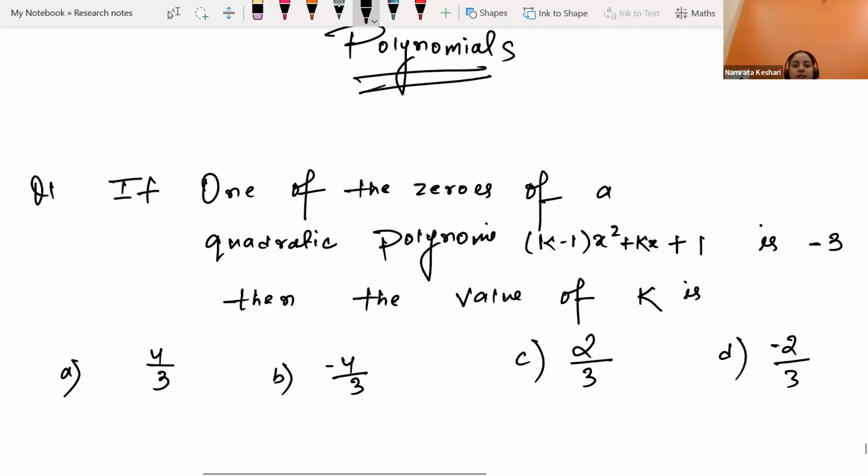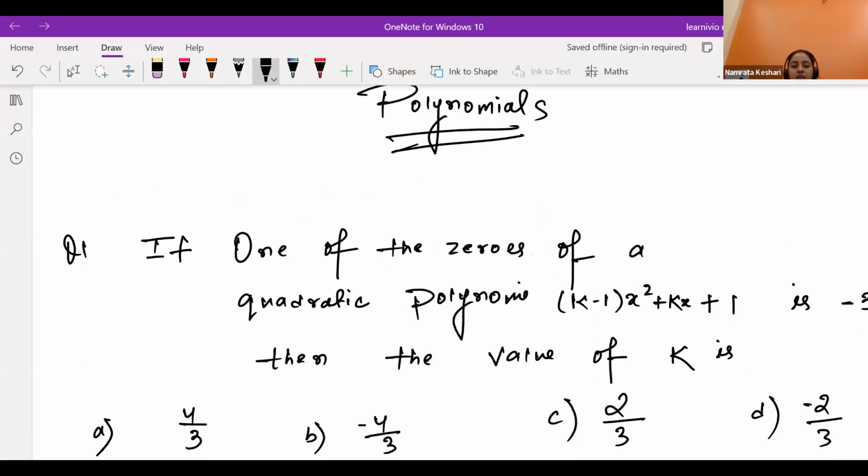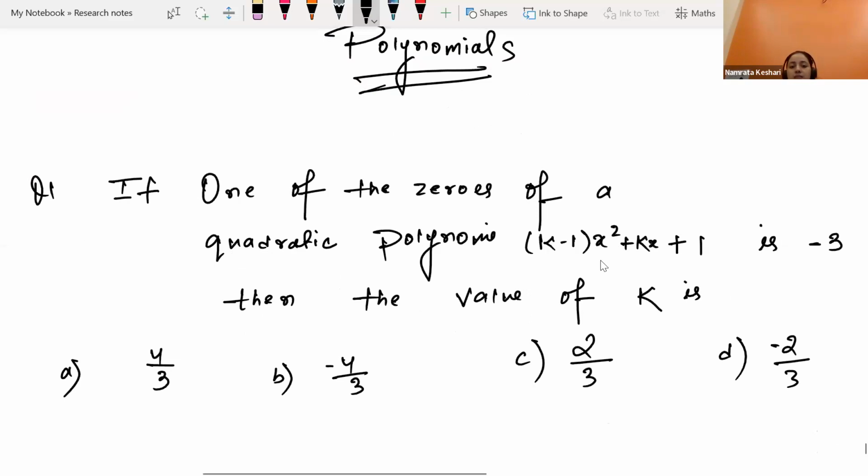I'm asking for A, do we take k minus 1 x square or just k minus 1 x? A is just k minus 1. B is k. C is 1. Okay.